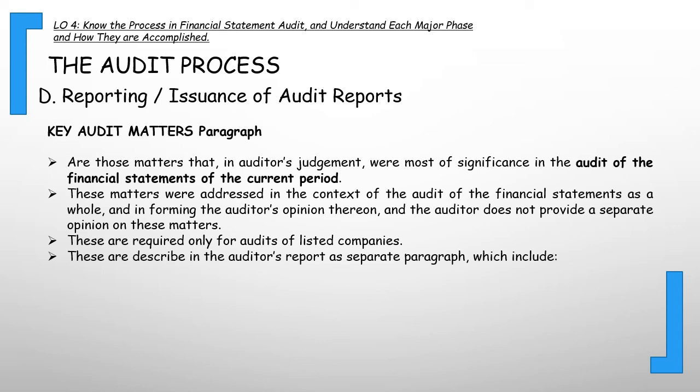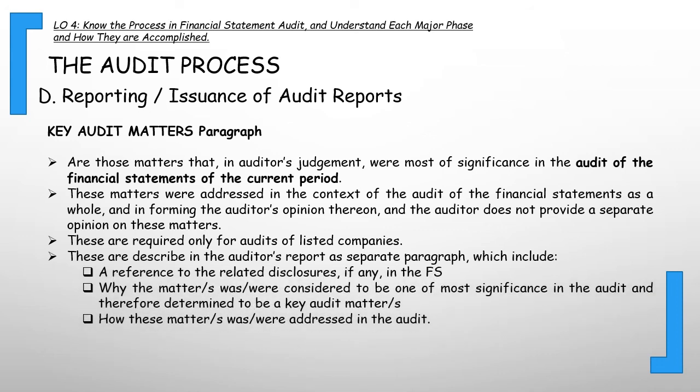So, yung key audit matters are described in the auditor's report as separate paragraph which include a reference to the related disclosures, if any, in the financial statement, why the matter was considered to be one of most significance in the audit and therefore determined to be a key audit matter, and how this matter was addressed in the audit.